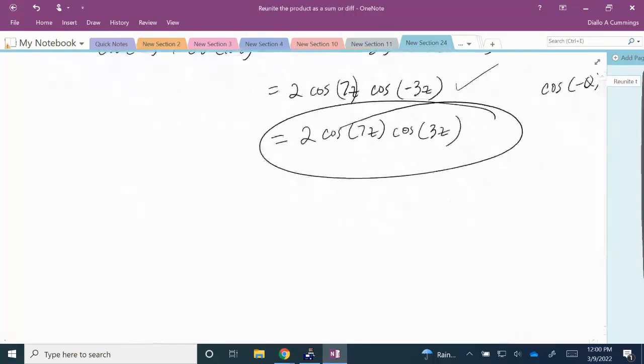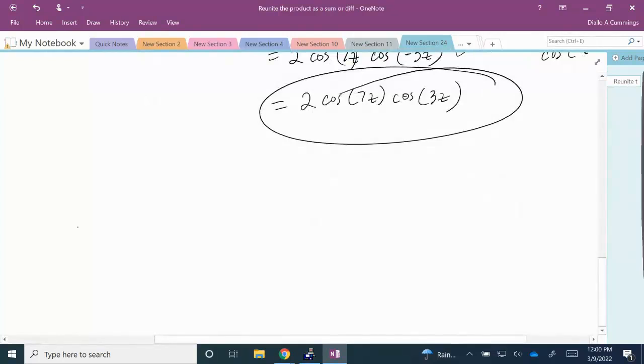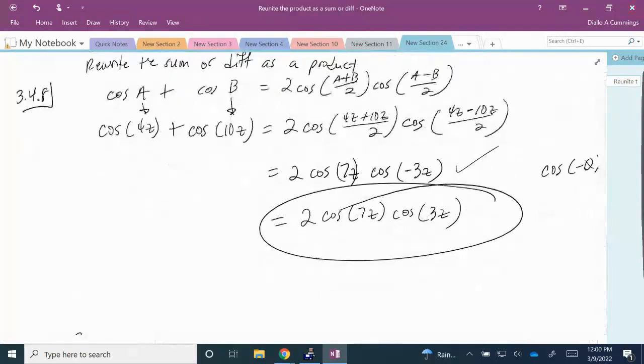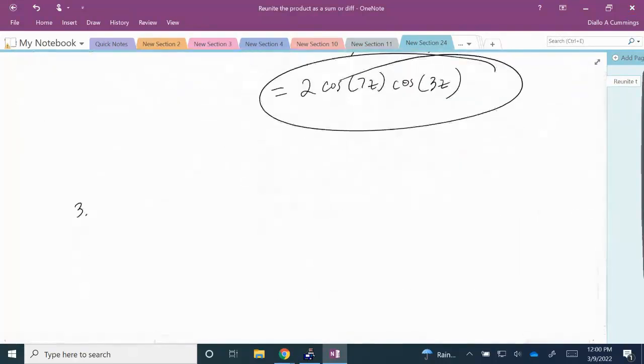Okay, well, let's take a look at this one. This is similar to number 11, 3.4, number 11.